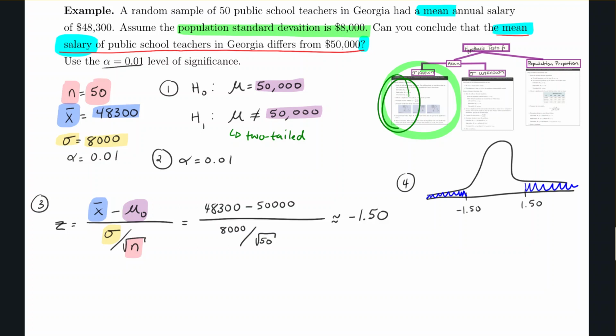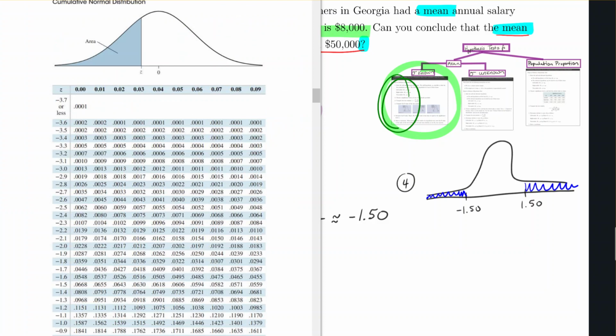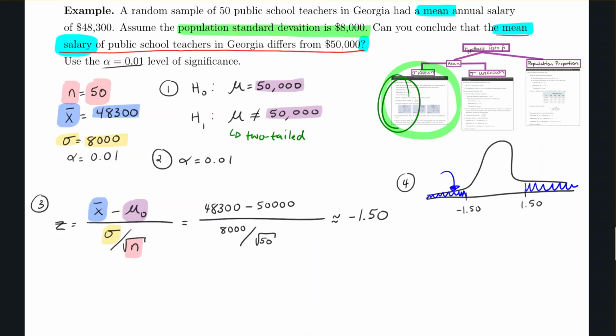Let's bring that on the screen. And we know from this chart, I can read at negative 1.5, here's the row, here's the column. So I've got an area before negative 1.50 of 0.0668. And by symmetry, that exact same area is mirrored on the right side.